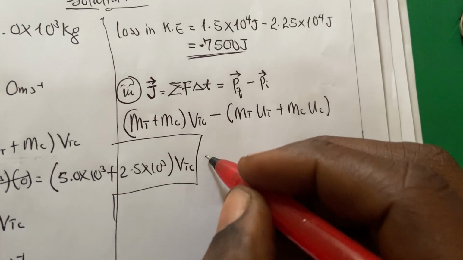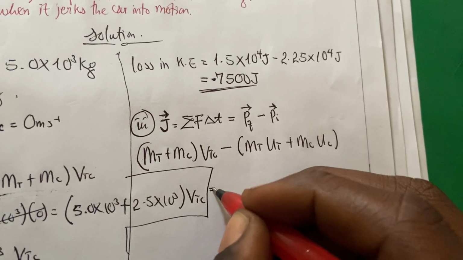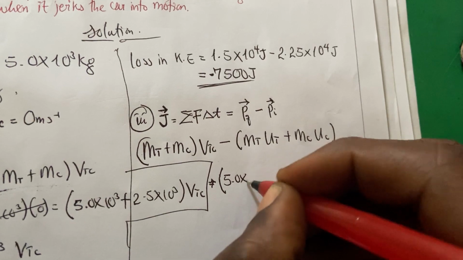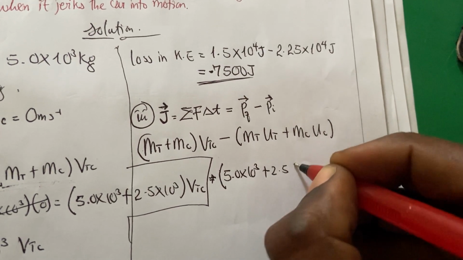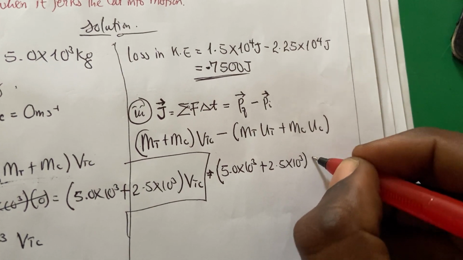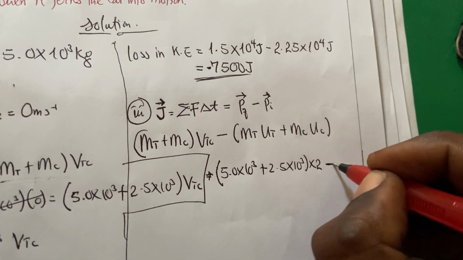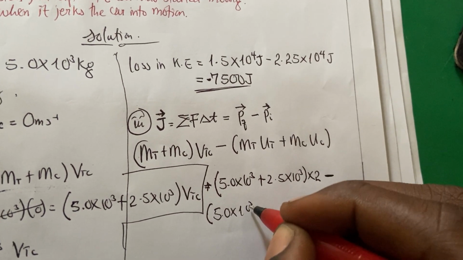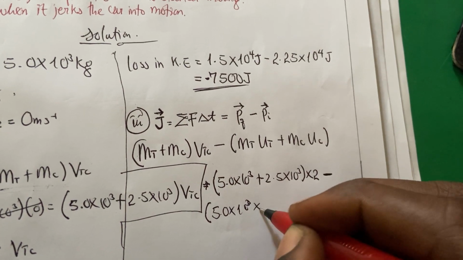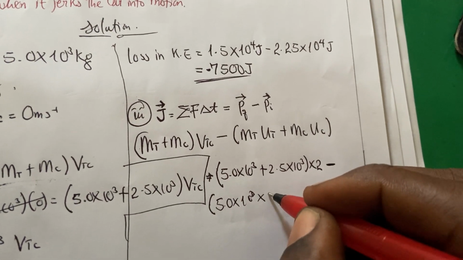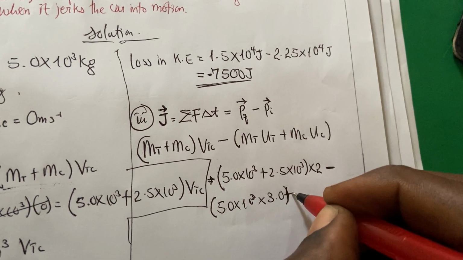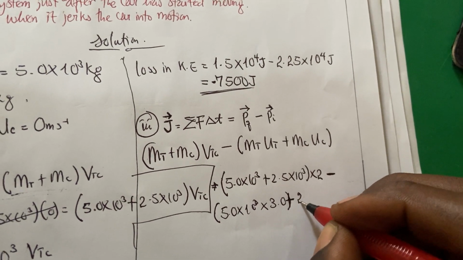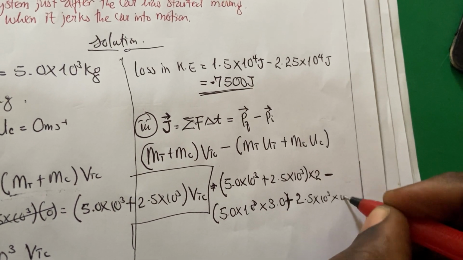Simplifying this, we have 5.0 times 10 to the power of 3 plus 2.5 times 10 to the power of 3, multiplied by 2, minus 5 times 10 raised to the power of 3 times 3.0, plus the mass of the car, 2.5 times 10 to the power of 3, times 0.